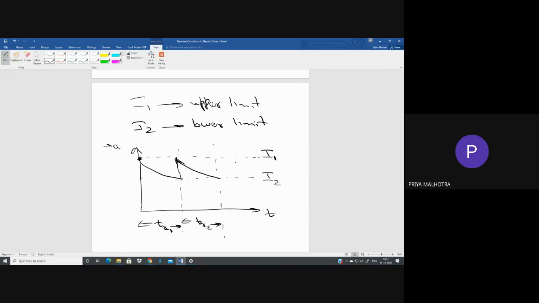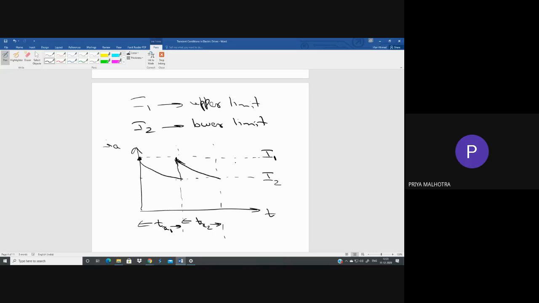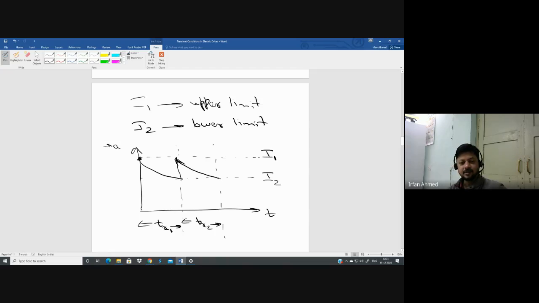At this instant, once again, your current reaches the lower limit I2. So you again cut off a section of resistance so that your current jumps back to I1. Again, it decreases exponentially to I2. As you can see, the time constant or the time required has again decreased.